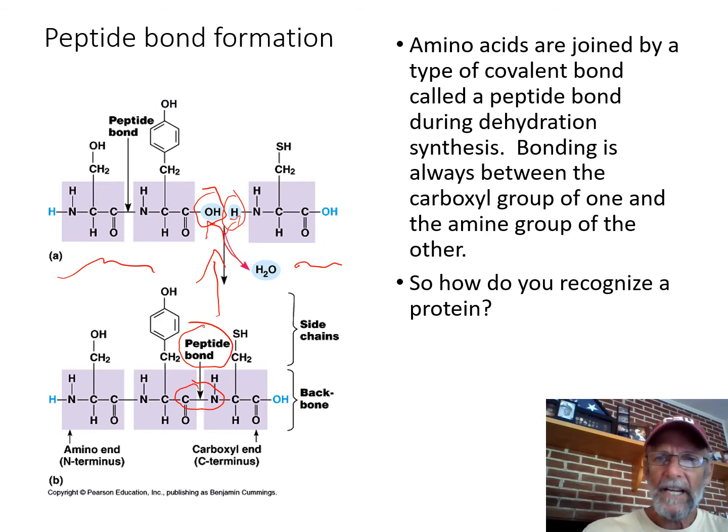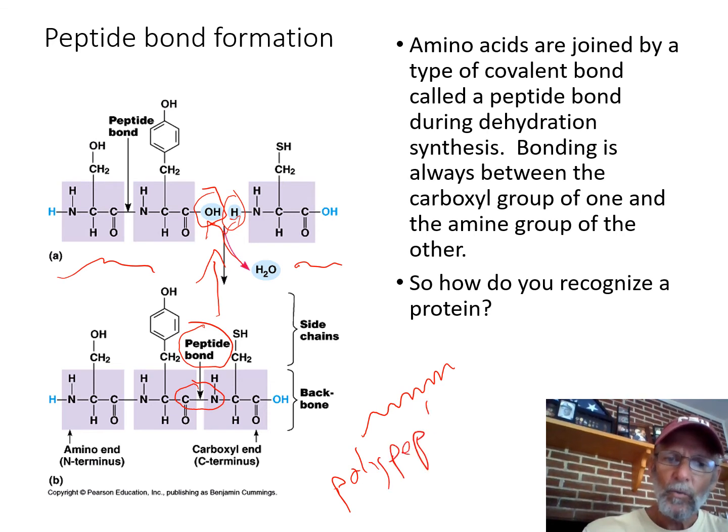And that's why if we have many amino acids stuck together, which most proteins are by far, hundreds or even thousands, we also call that chain a polypeptide, referring to the peptide bonds here that there are many of, as opposed to the amino acids.